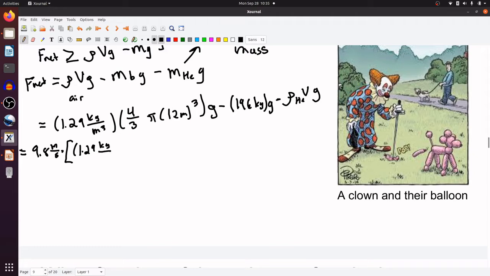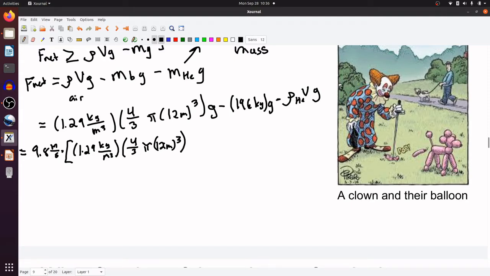Inside, go: 1.29 kilograms per cubic meter times 4/3 pi, pi times 12 meters cubed.